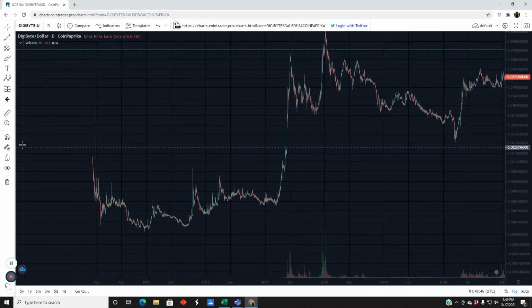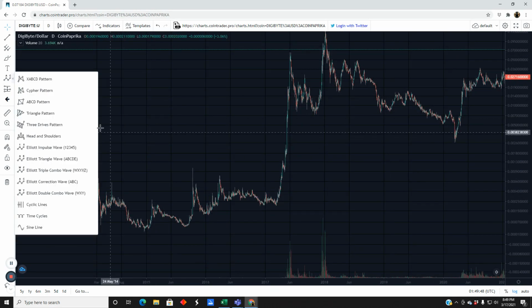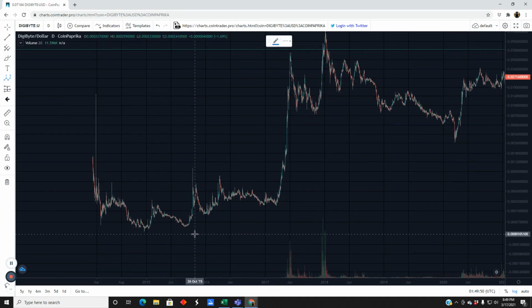So let's go over Elliott wave here. Let's see where this count starts. Normally you want to start from the bottom here, so the very bottom point.